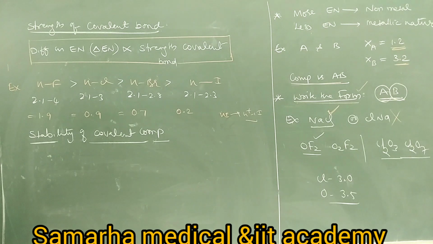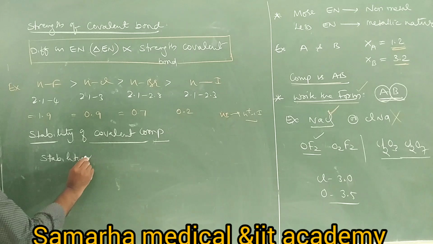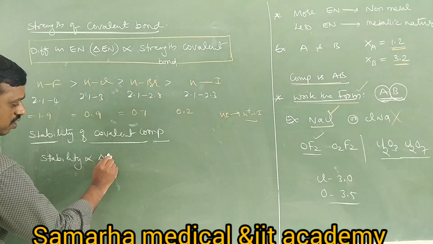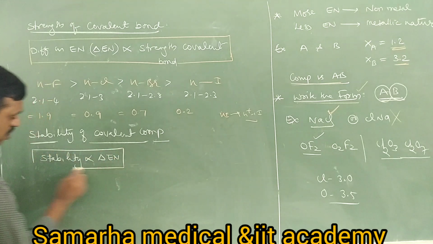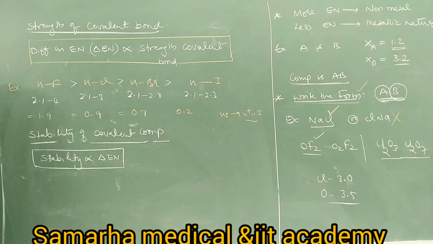Come on, tell me. The stability of a compound is directly proportional to, again, the difference in electronegativity. Take down: stability is directly proportional to delta EN, the difference in electronegativity.